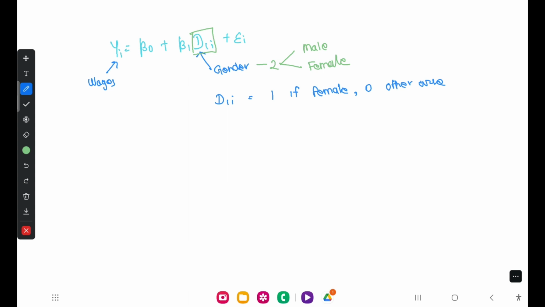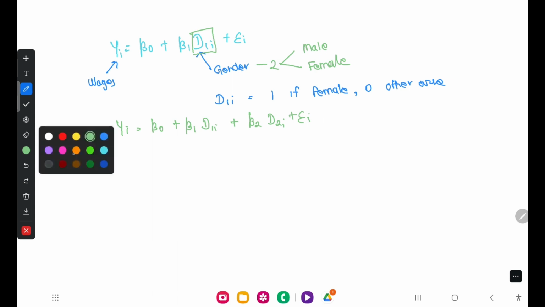Why is that? Why didn't we include something like this? yi equals beta naught plus beta 1 d1 plus beta 2 d2 plus ei, where d1 is the same as before.